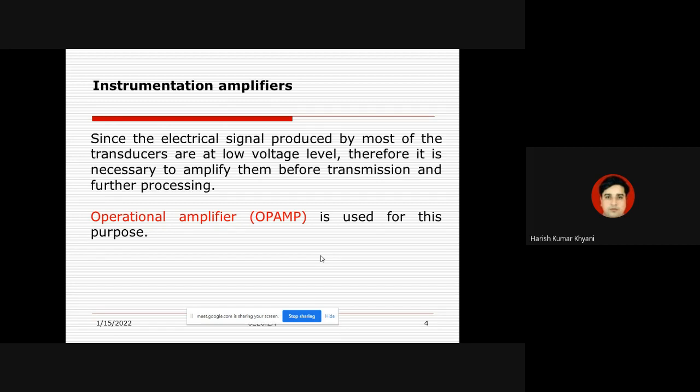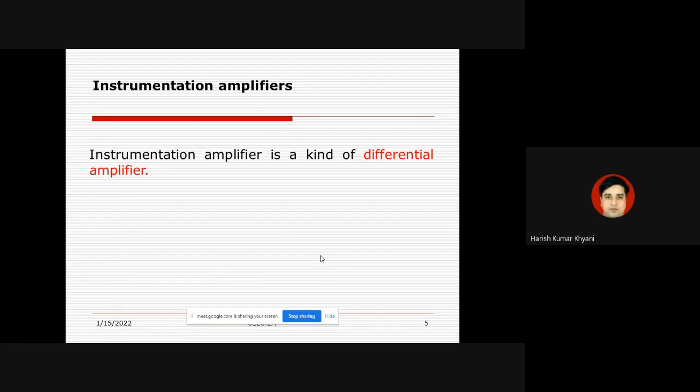We can say that operational amplifiers, abbreviated as op-amps, are an integral part of any kind of signal conditioning system. We have said that the instrumentation amplifier is a type of differential amplifier. So first we'll discuss some basic fundamentals of the amplifier, then the normal differential amplifier, then we will switch our discussion to the instrumentation amplifier.